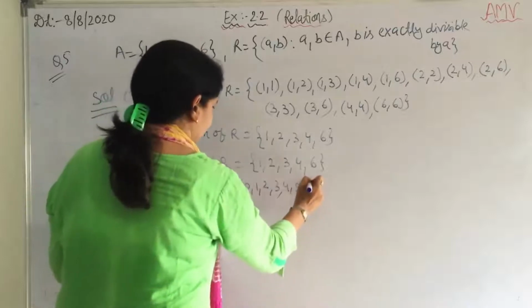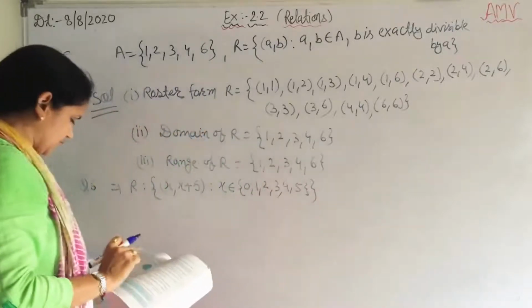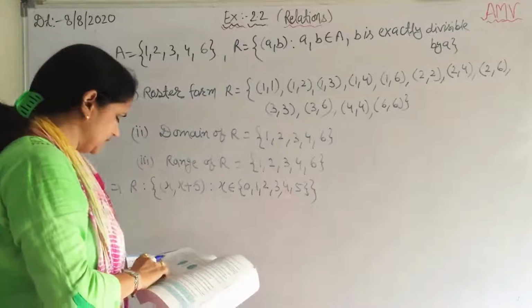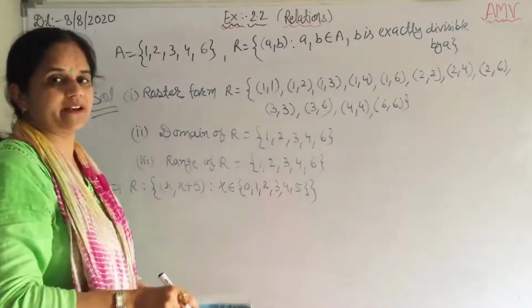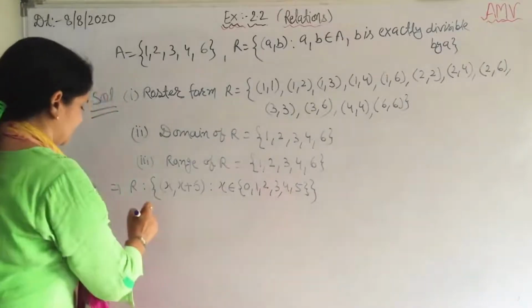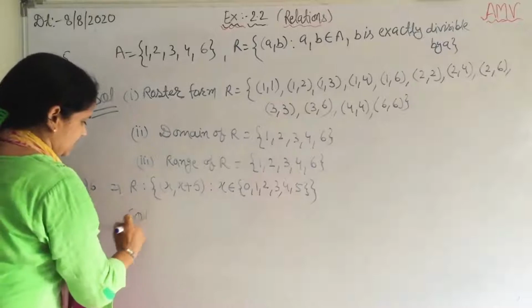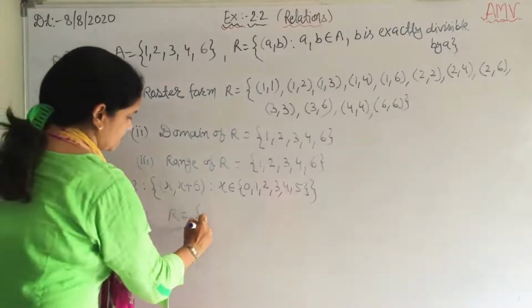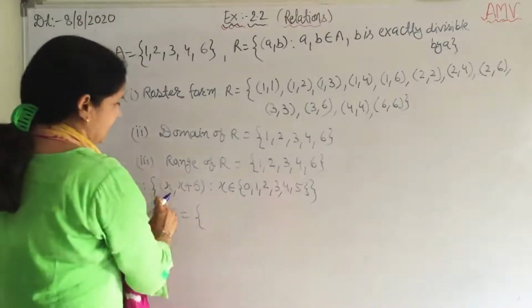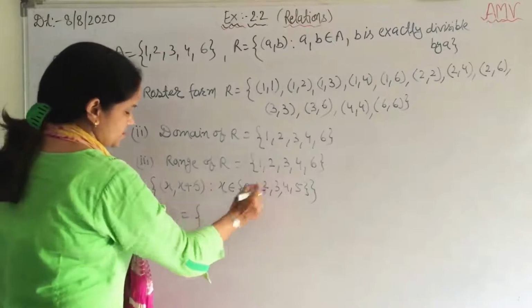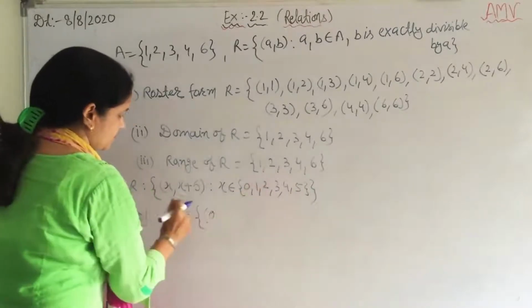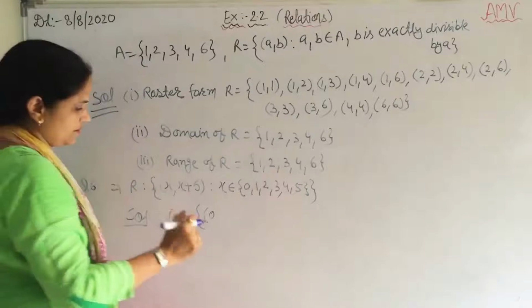The question is very simple: determine the domain and range only. First of all, you can write the relation in listing form. Here x starts with 0, and y is x plus 5.